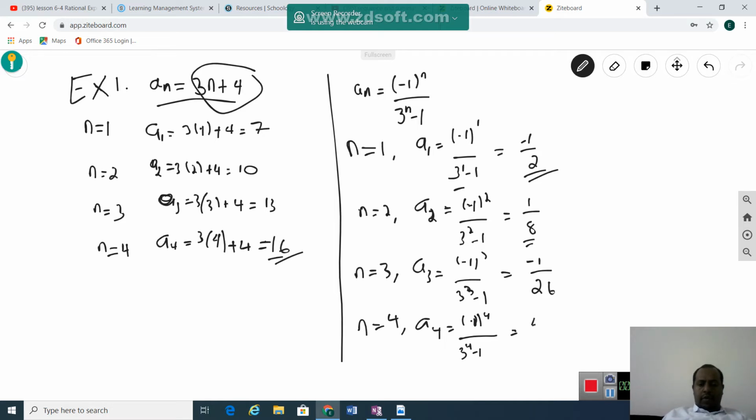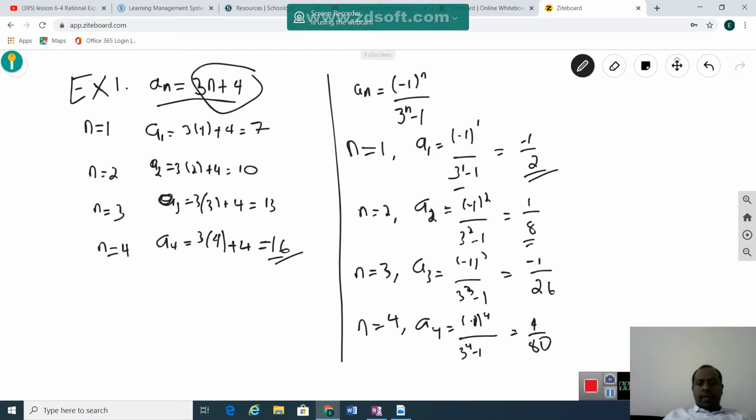Negative 1 to the power of 4 is 1, over 3 to the power of 4 is 81, 81 minus 1 is 80. So these are the four terms of the sequence.